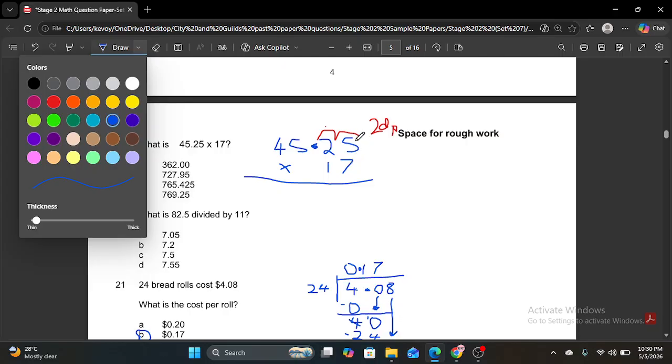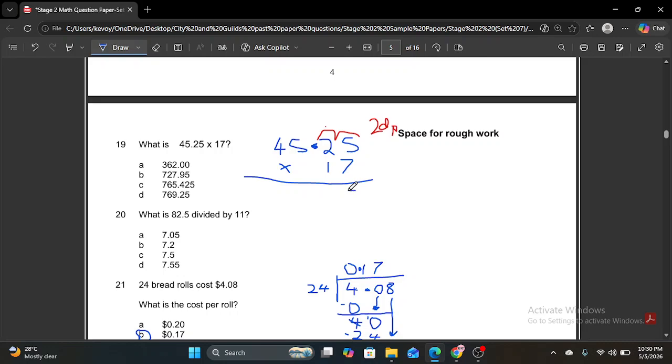So 7 times 5 is just 35. So 35, put the 3 right here, and you know we're adding the 3. 7 times 2, that's 14. 14 plus 3, that is 17.